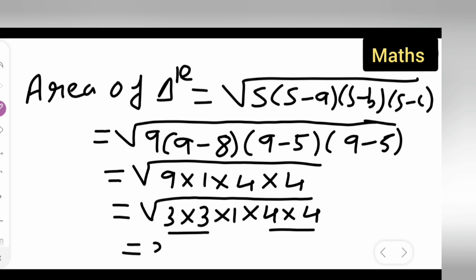So you will get 3 multiplied by 4. So basically your answer is going to be 12 centimeter square. 12 centimeter square is your answer. So I hope you all have understood this example also. Now moving towards the next example. Let us see the next example.